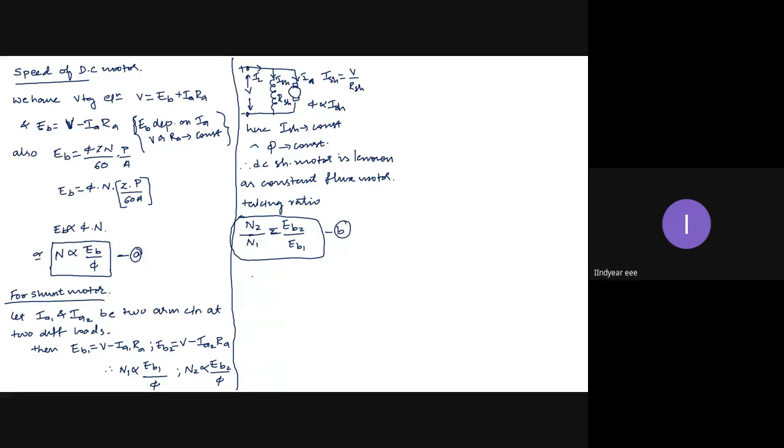Now, if load is constant, how to deal with this?